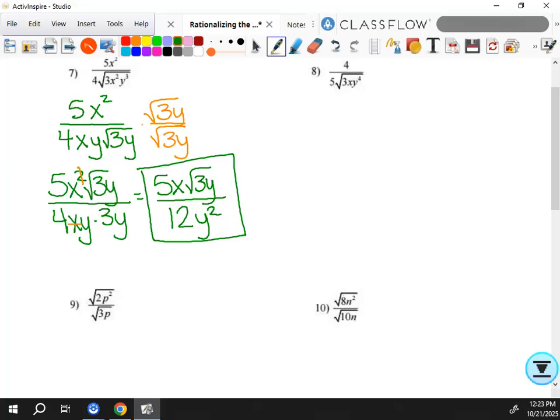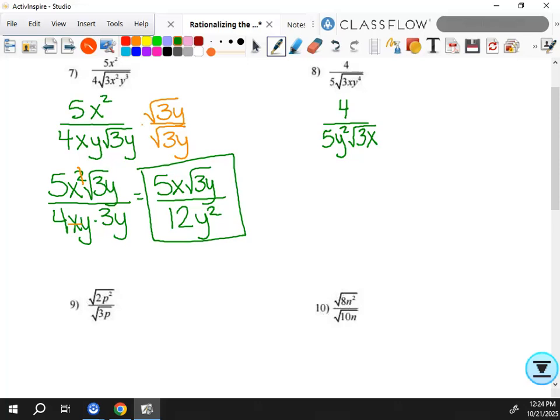Questions? All right. Can I simplify number 8 first? Yes, you can. All right, so the 5 is out here. Can I take any x's out? No. Can I take any y's out? Yes. How many? 2. So this is y squared. The 3 stays underneath, and so does the x, right?